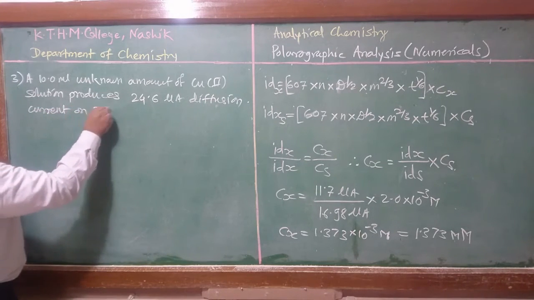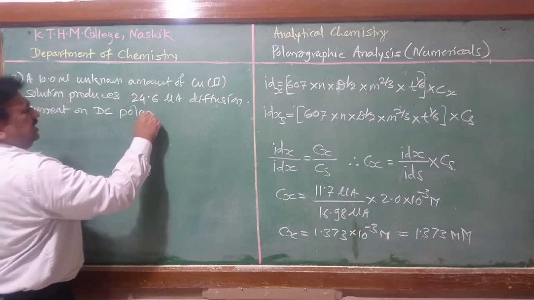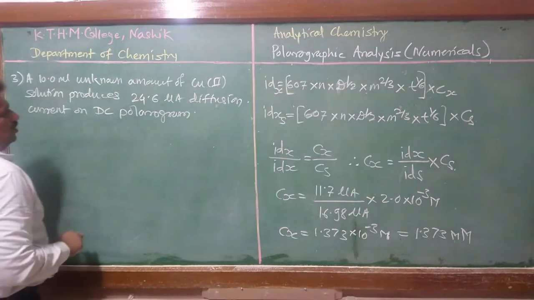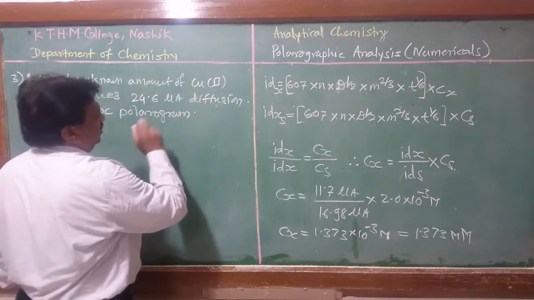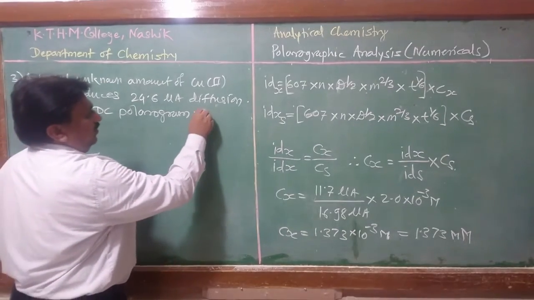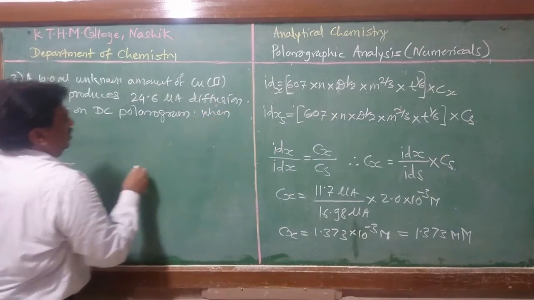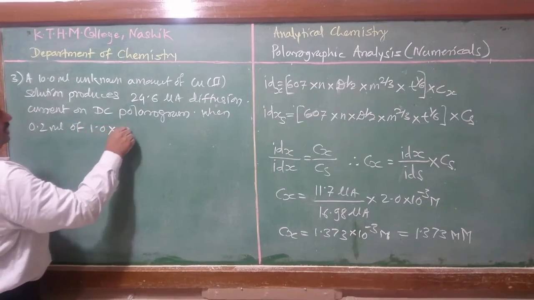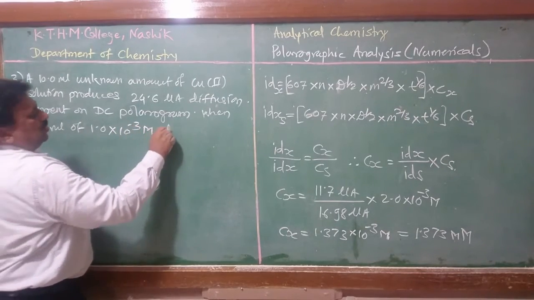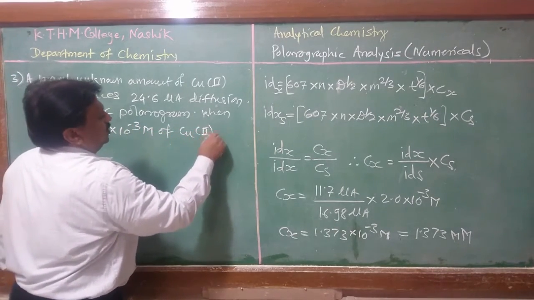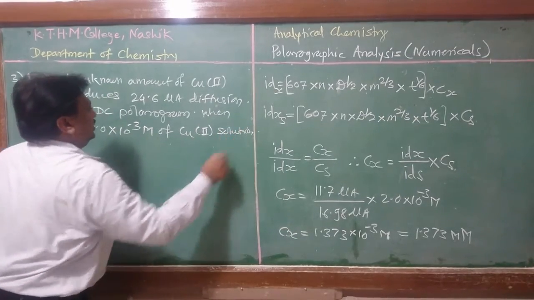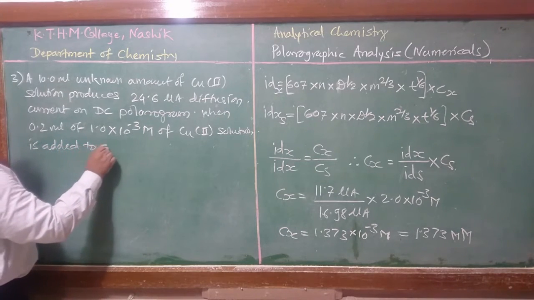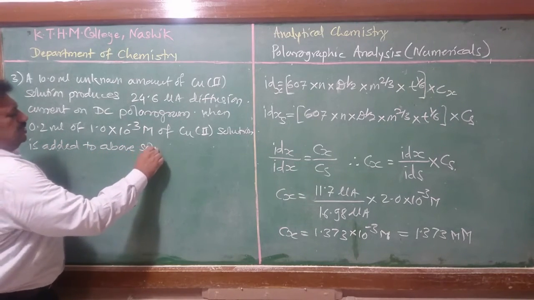on a DC polarogram, that is, a direct current polarogram, or cathodic, when 0.2 ml of 1.0 into 10 raised to minus 3 moles of copper second ion solution is added to the above solution.